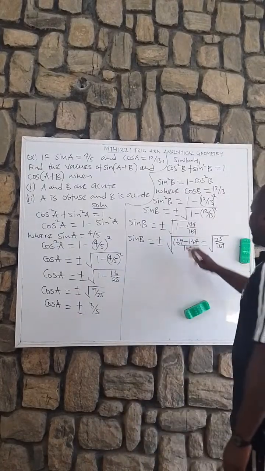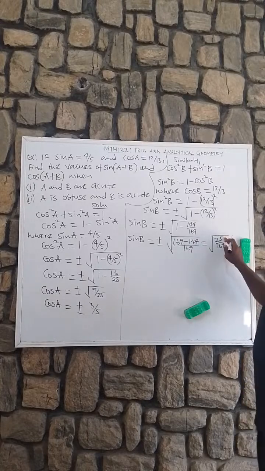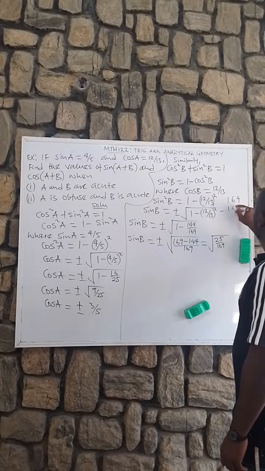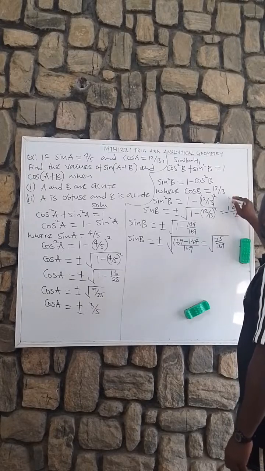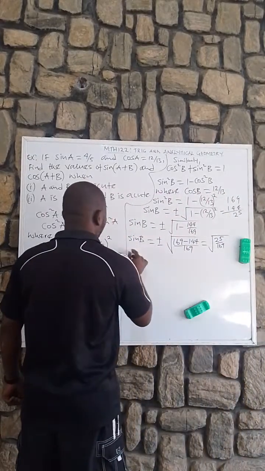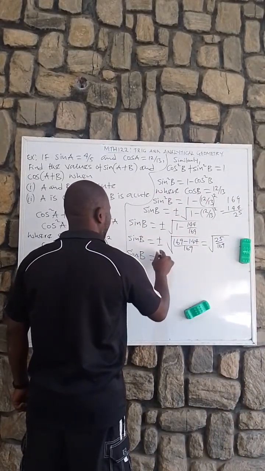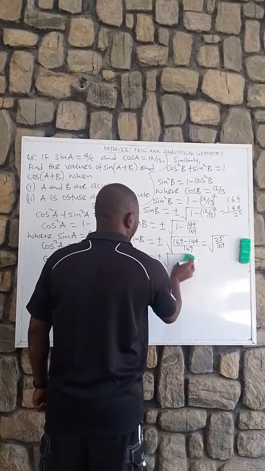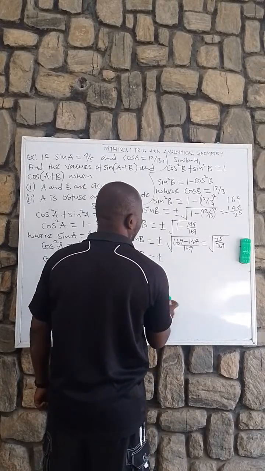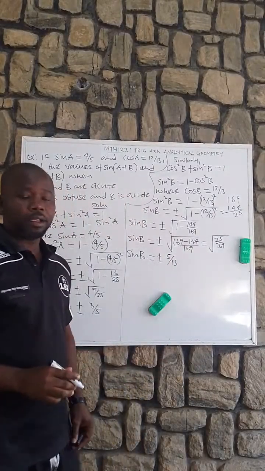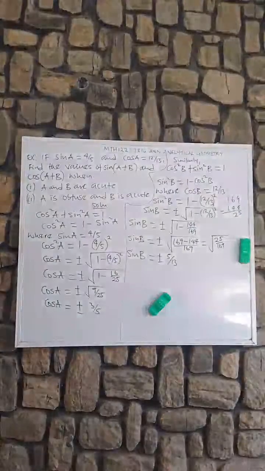Now 169 minus 144 will give you 25. So sine B is plus or minus the square root of 25 over 169, which is 5 all over 13. Any question, please, before we proceed?